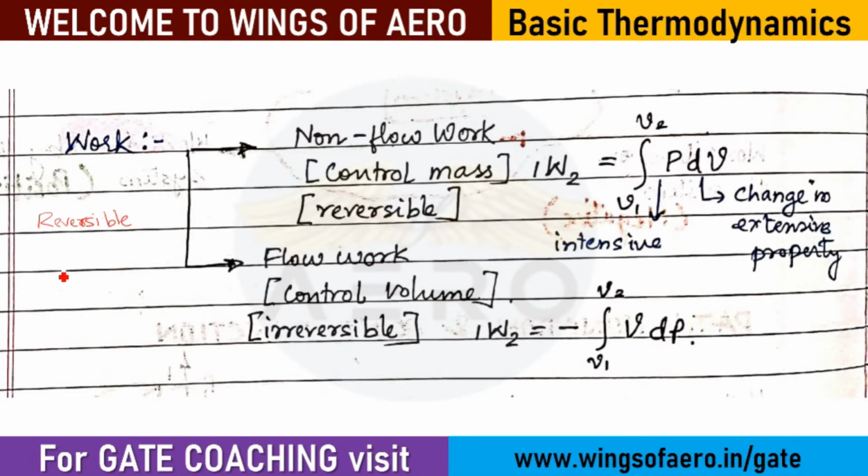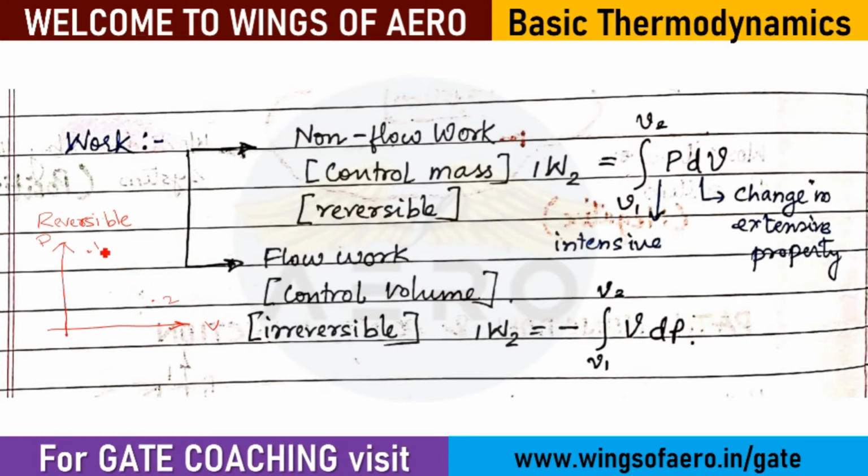What is a reversible process? Let's draw a graph of the variation between pressure and velocity, with point 1 and point 2.